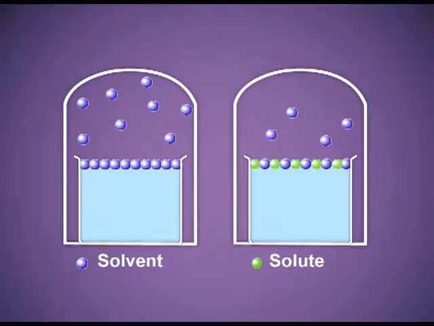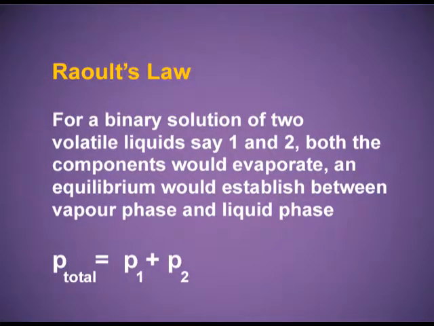But since the fraction of the solvent on the surface is decreased, now we can see that there are less vapors at the same temperature. Thus we can say that there is a lowering of the vapor pressure when a solute is mixed in the volatile solvent. Let me discuss now the Raoult's law.